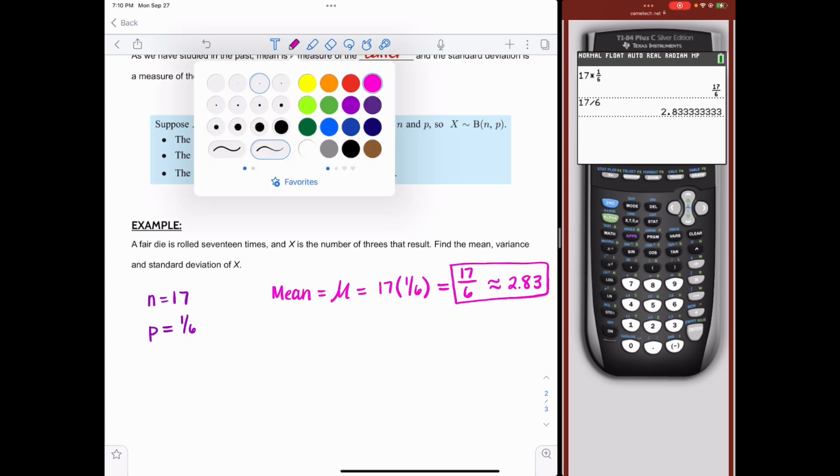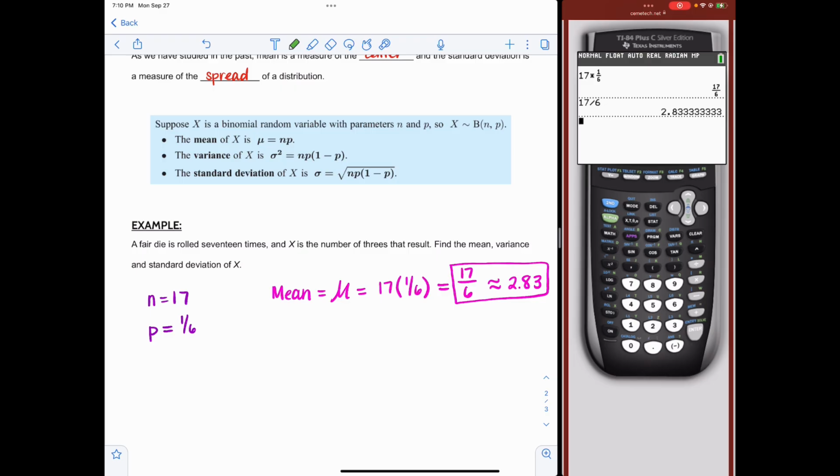The next thing I want to find is the variance. This is your sigma squared, which is equal to the number of trials, 17, times the probability of success, 1 over 6, times 1 minus the probability of success, which is the probability of failure, 5/6.